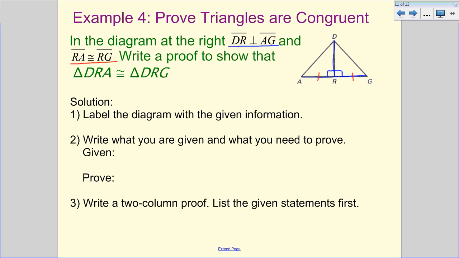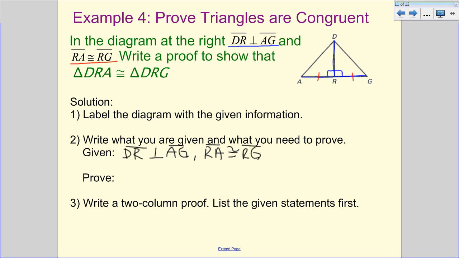Now you're going to write what you're given and what you need to prove. So I'm given that DR is perpendicular to AG. And I'm given that RA is congruent to RG.